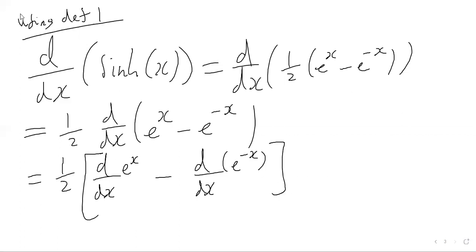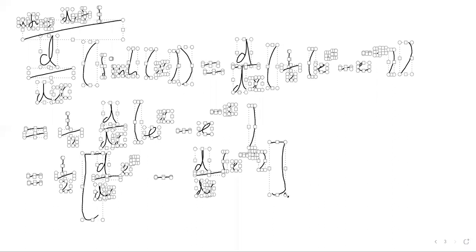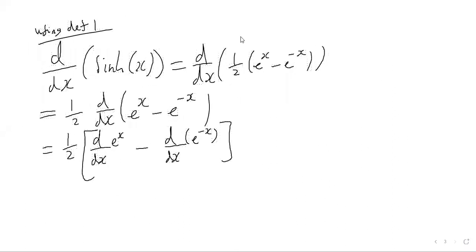With the first part, when we differentiate e to the x, the exponential function, we get the exponential function. We showed that in previous videos. So that's just e to the x. Then when we differentiate e to the negative x, there's a bit of chain rule. We differentiate the negative x in the power, and differentiating negative x with respect to x is just negative 1.